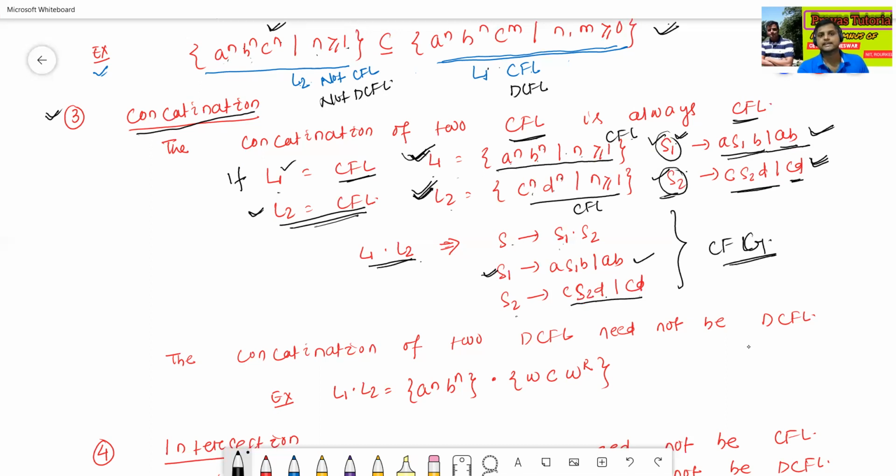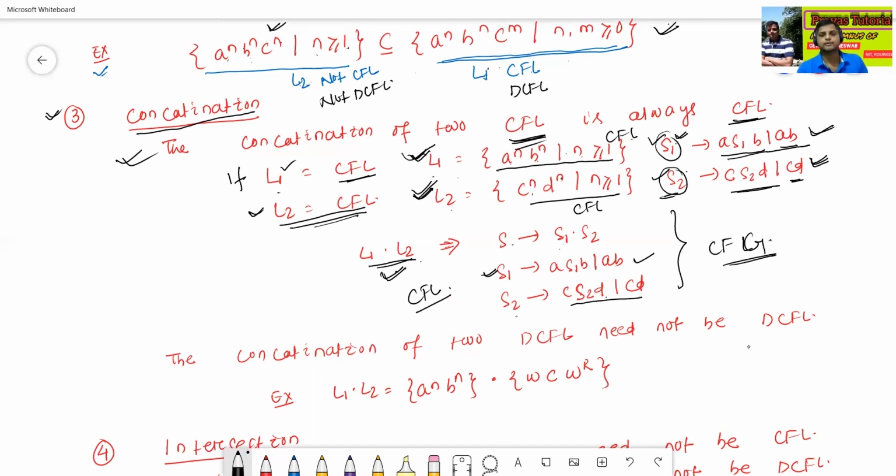So its concatenation is also CFL. So the concatenation of two context-free languages is always a context-free language. Now we'll see the next one.